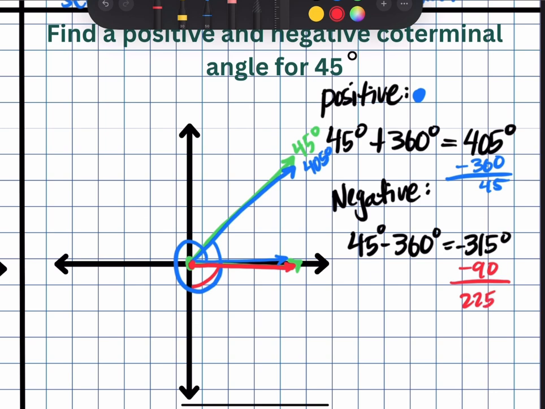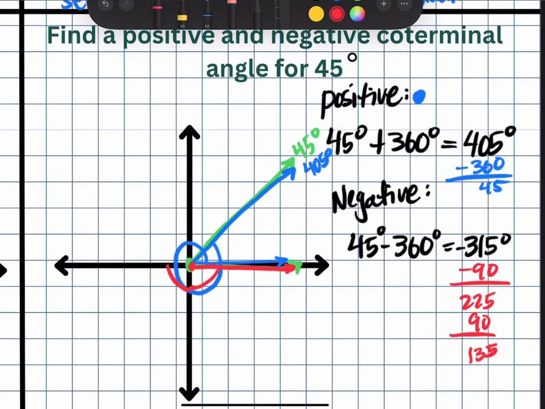So I could for sure travel another 90. Here's my other 90. Okay. And I'm left with 135, so I could still graph another 90 degrees. And lastly, I'm left with 45, which is about here. And so all 3 angles land on the exact same place.